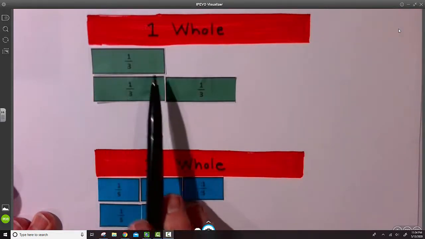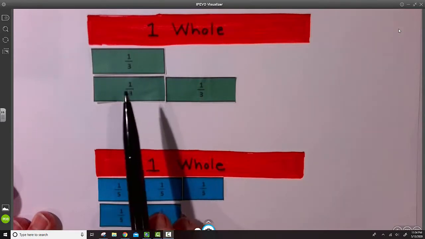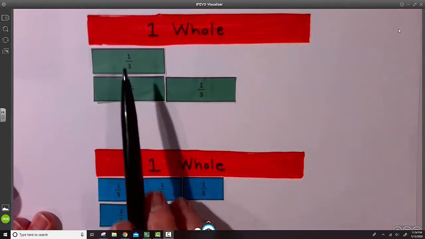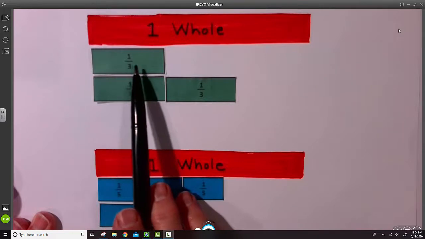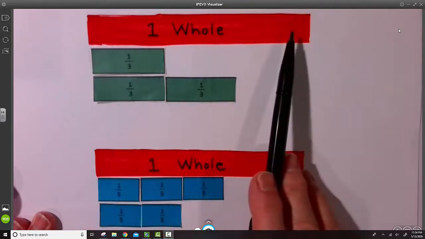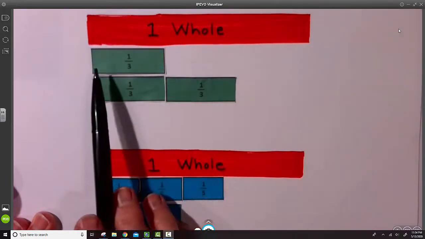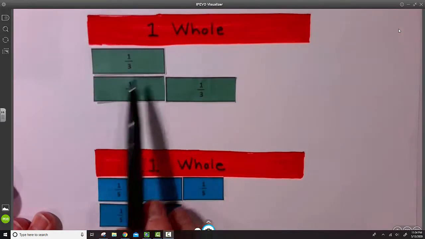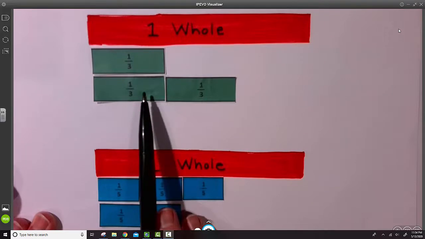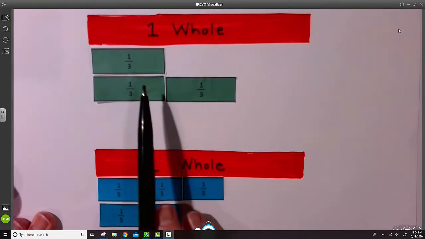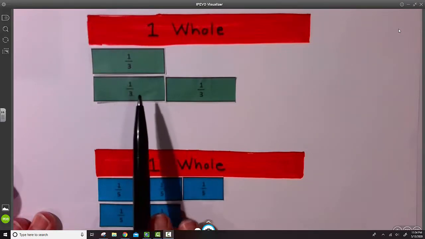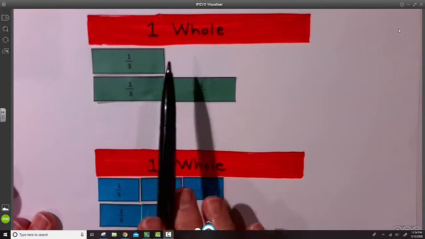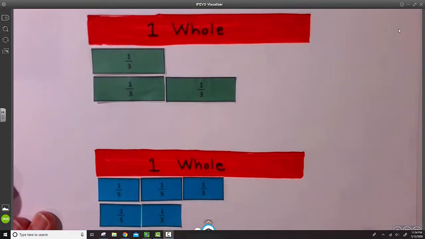So for our first example, we will use thirds. You can see we have the whole represented by the red bar. And then on the top line, we have 1/3 compared to 2/3. Each of these segments is exactly 1/3. They are unit fractions.